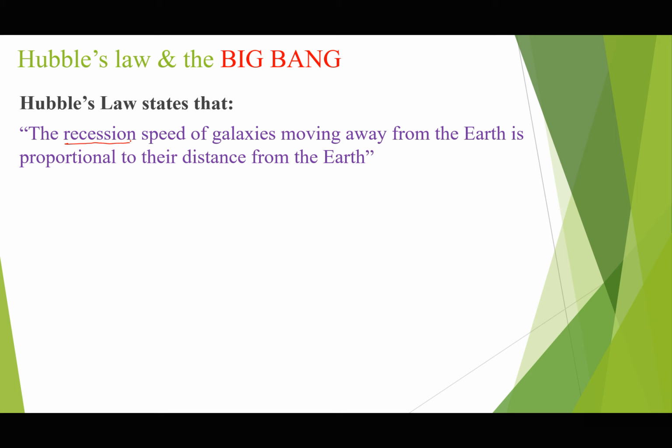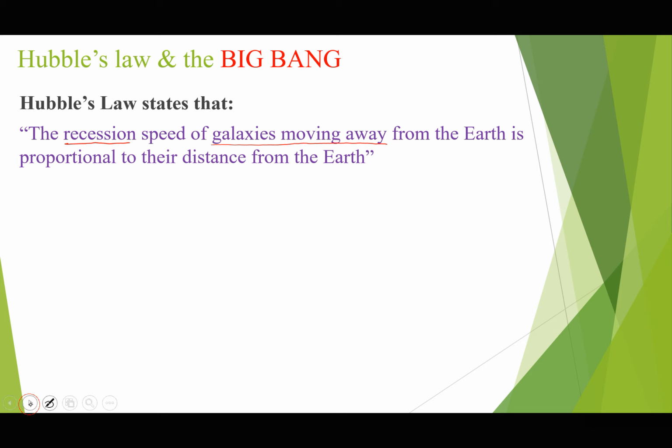The galaxies are moving away from the Earth because the redshift has already verified this. The speed with which galaxies are moving away from the Earth is directly proportional to their distance from the Earth. If you don't take the Earth as a reference point, then the recessional speed of galaxies away from the observer is directly proportional to their distance from the observer.